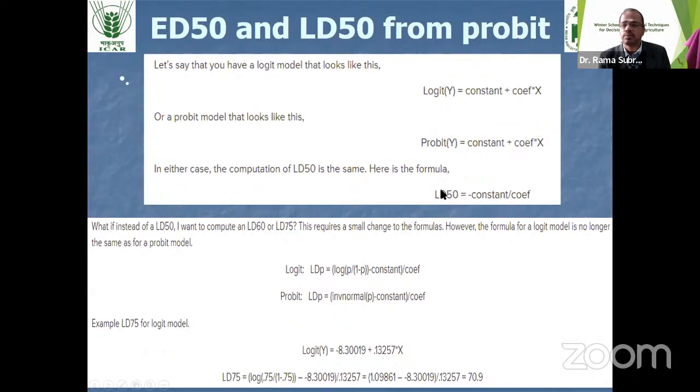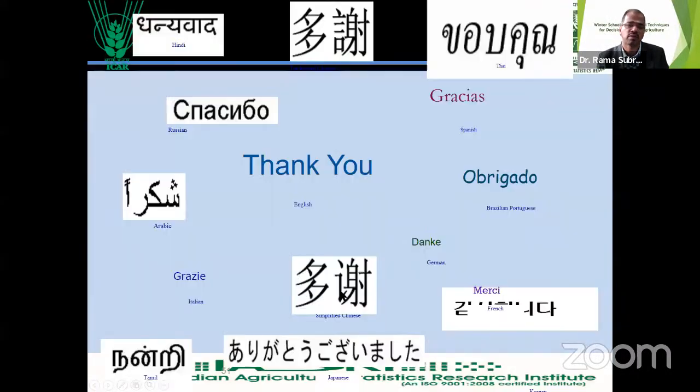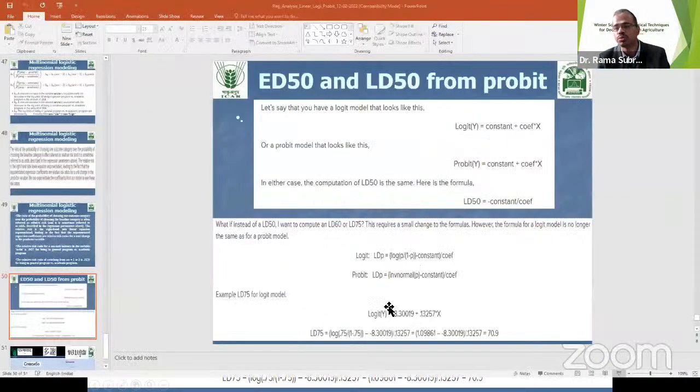In that case, the LD50 will be calculated as minus constant divided by coefficient. Just you can calculate directly. But in case you want to fit for, say, LD90 or LD75, the formula is: probit inverse normal p minus constant divided by coefficient. For logit, it is very easy: log p by 1 minus p, where p is the probability that it is 1. So like that, the probit model can be used.